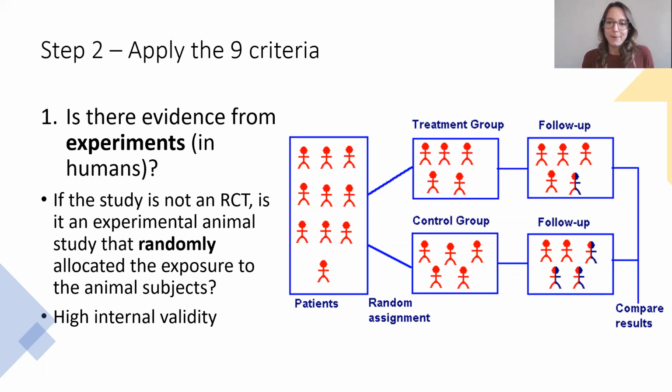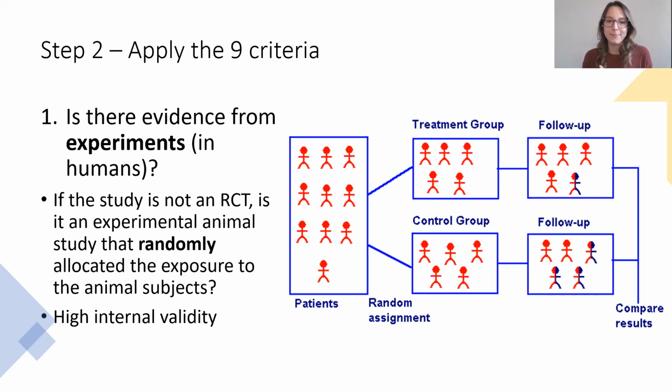Think about it from this perspective, and I kind of have it shown there in the figure. If you are able to divide up the group of, let's say, patients or participants, we'll call them, if you're able to randomly assign them a treatment or an exposure, and you have that control group that wasn't exposed to whatever that you're studying, when you follow them up, you know for sure that in the group that had the treatment, the exposure was the thing that caused the health outcome.